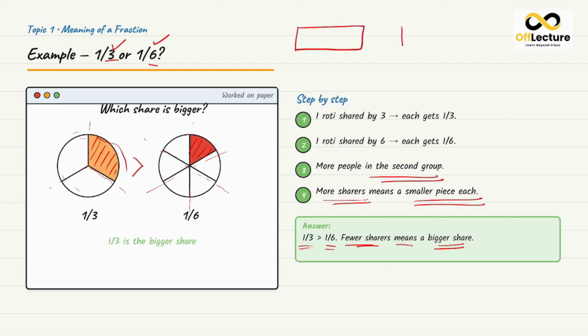Let's suppose we have two equal rectangles. We divide one into three parts and we divide the other into, let's say, six parts.